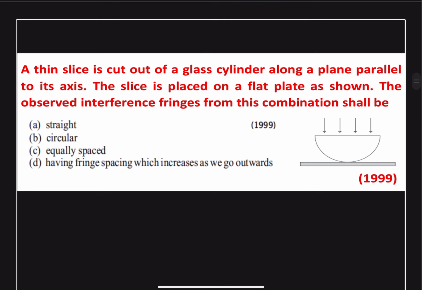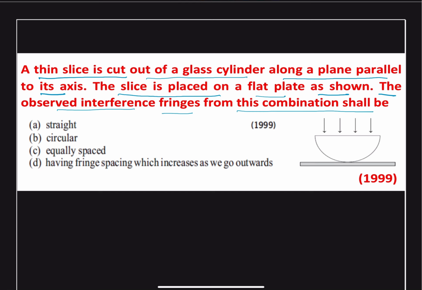And here it is said that a thin slice is cut out of a glass cylinder along a plane parallel to its axis. The slice is placed on a flat plate as shown. The observed interference fringes from this combination shall be. So we have to find out what is the behavior of the interference fringe.